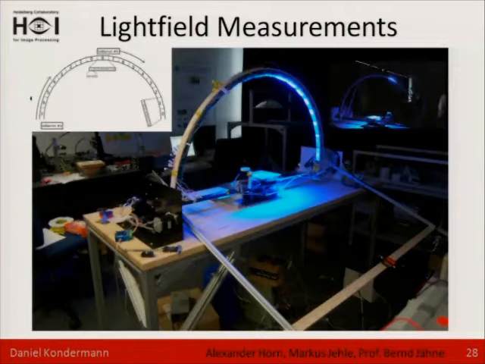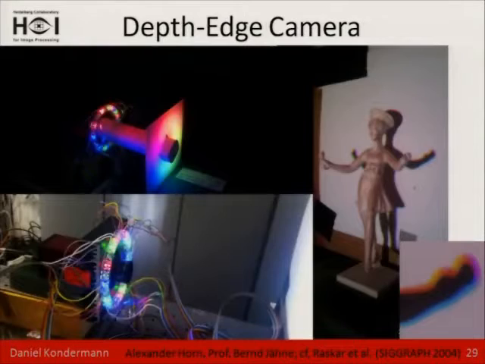And then we try to build specialized hardware, like this depth edge camera, which is based on the work of Raskar in SIGGRAPH 2004, but we use a color camera and multiple light sources, and we get these contours on an object. From these cast shadows we can find the discontinuities of the depth, which is also very interesting because discontinuities in motion very often correlate with discontinuities in depth, and we can try to use this information to create better ground truth.